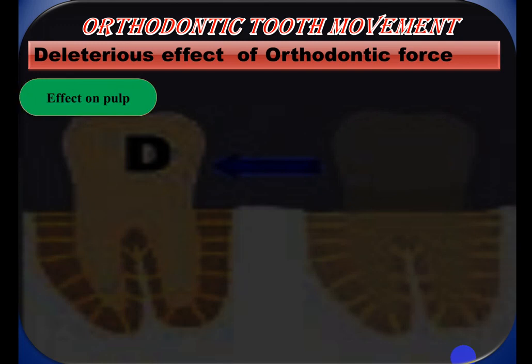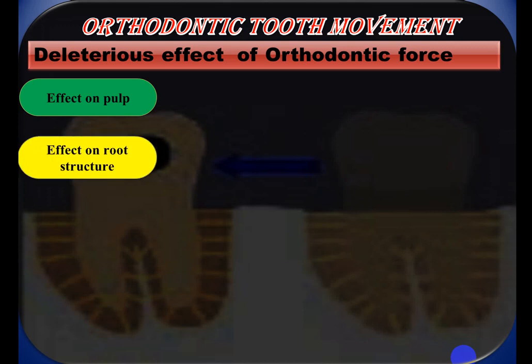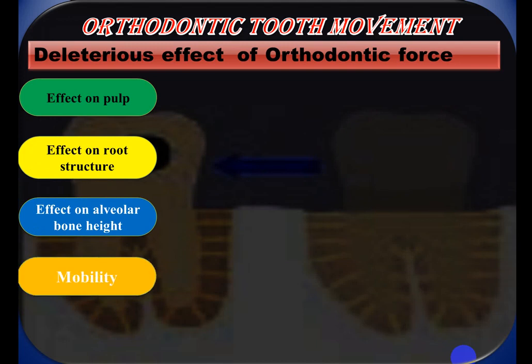Firstly, does the orthodontic force have any effect on the pulp, or maybe on the root structure, or on the alveolar bone height? Does it cause mobility of the tooth? Can orthodontic force cause pain for the patient or not? So let us explain each one.